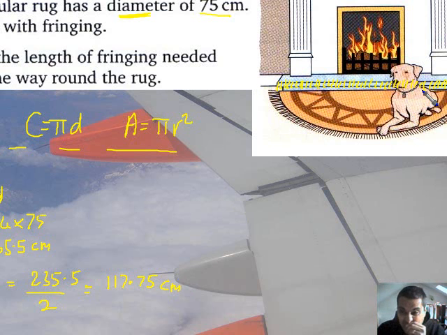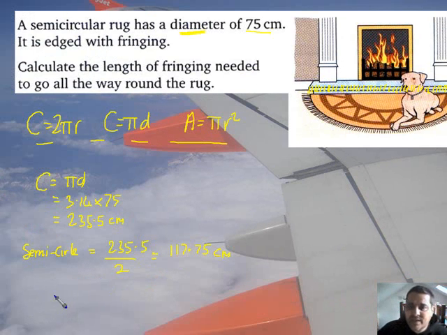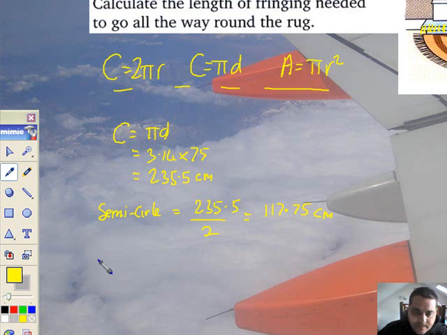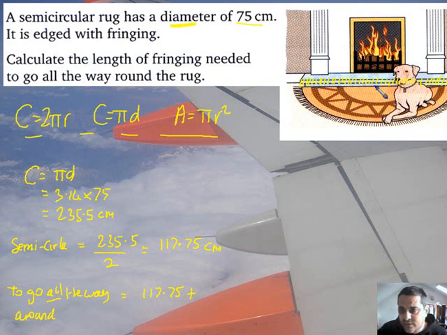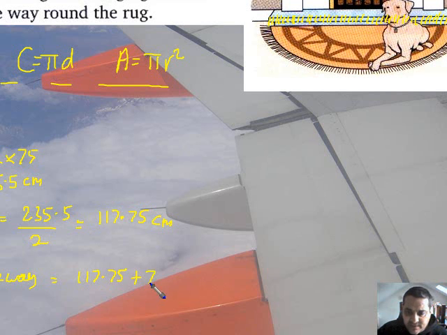Now, if I need to go across this part as well, I want to add on the diameter. To go all the way around, you need 117.75 centimetres plus the diameter length around the back, so plus 75.